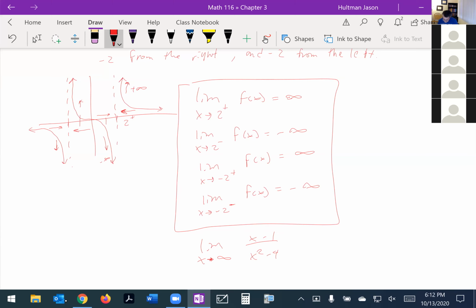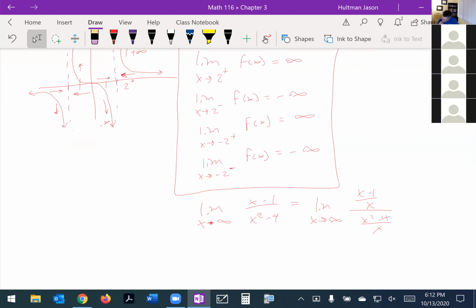That'll be good. Okay, so we're going to say this is equal to the limit as x approaches infinity of x minus 1 over x, all over x squared minus 4 over x. So this becomes 1 minus 1 over x, all over x minus 4 over x.